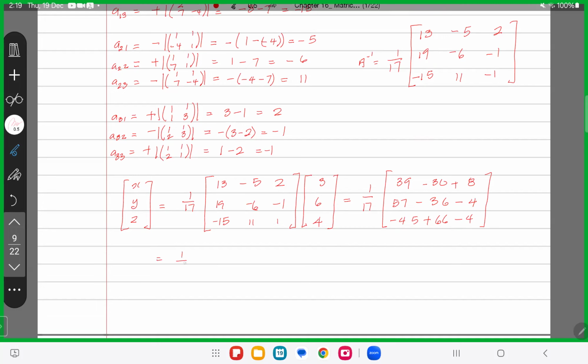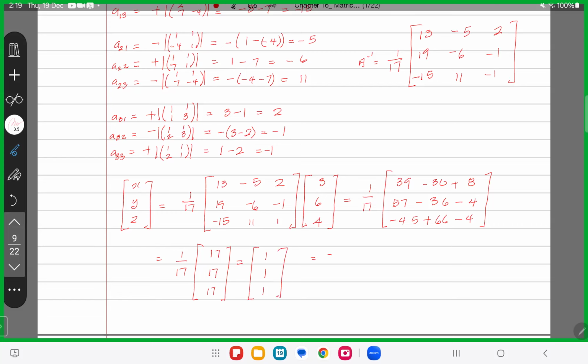We have 1 over 17, 17, 17, 17, which is equal to 1, 1, 1.